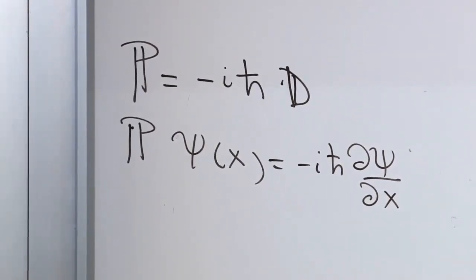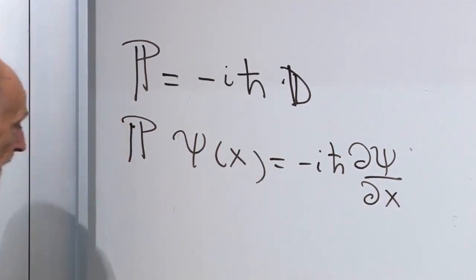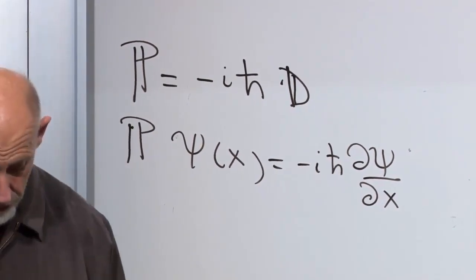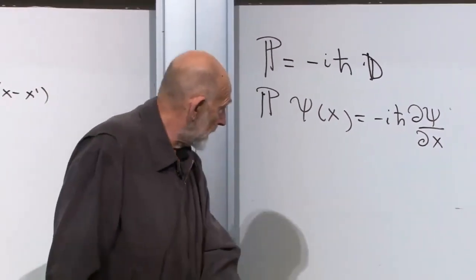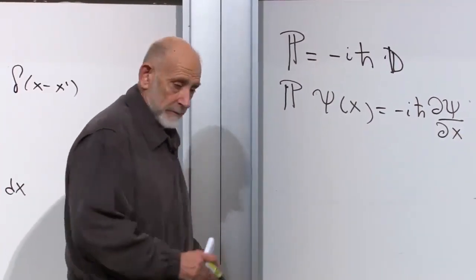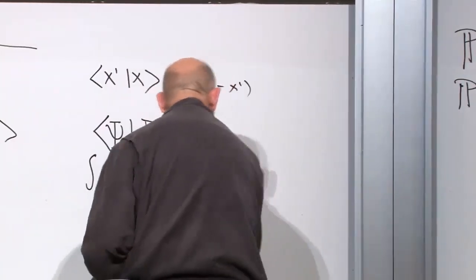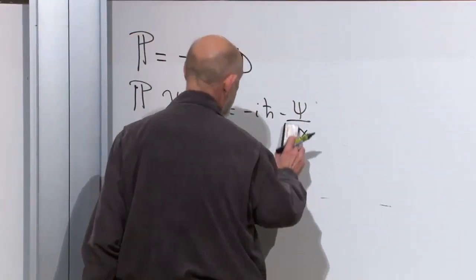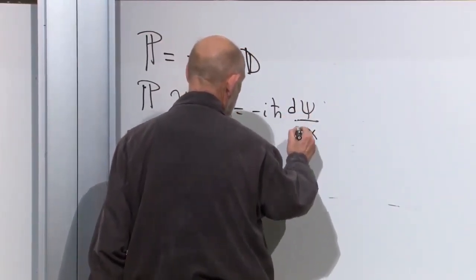It's a linear operator, and it is a Hermitian linear operator, P. So that's what it takes to qualify as an observable in quantum mechanics. At this point, since psi is only a function of one variable, it doesn't matter whether I use partial derivatives or just ordinary derivatives. Let's call them ordinary derivatives, d psi by dx.